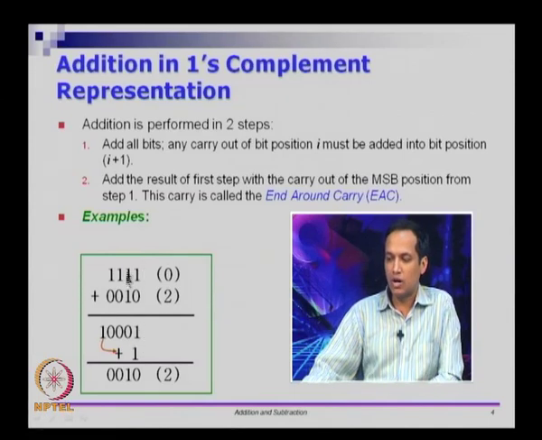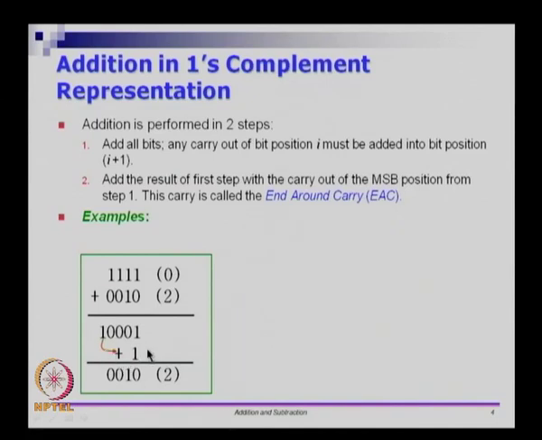So, 1 plus 0 is 1, 1 plus 1 is 0 carry over 1, 1 plus 1 is 0 carry over 1, 1 plus 1 is 0 carry over 1. The end stage carry, you take it and add it at the rightmost position. You add it once more, and when you do that, you get this result.